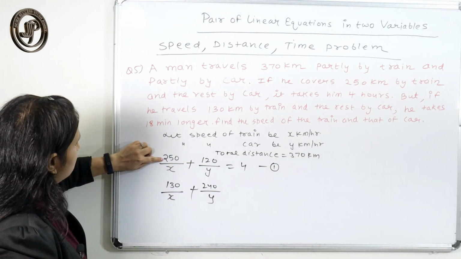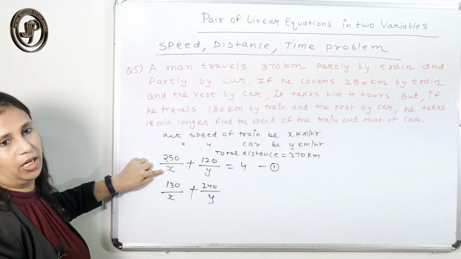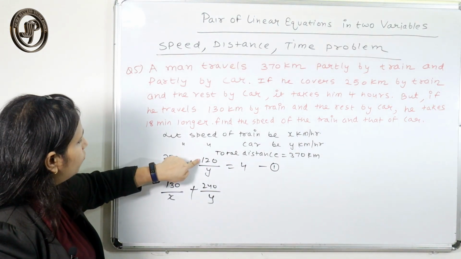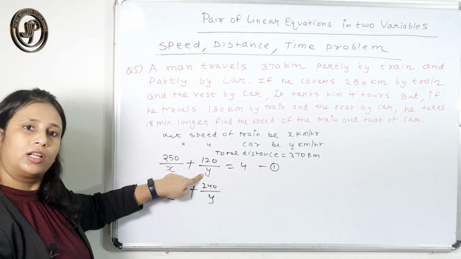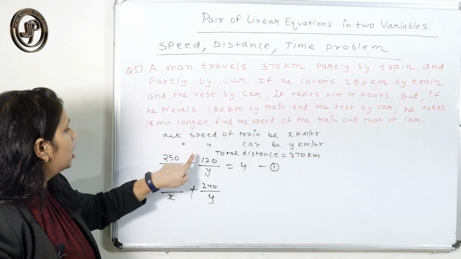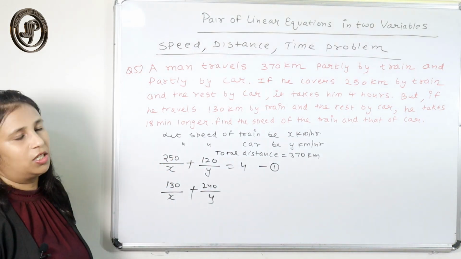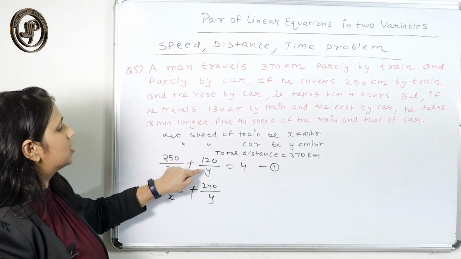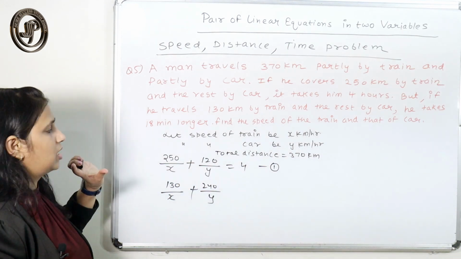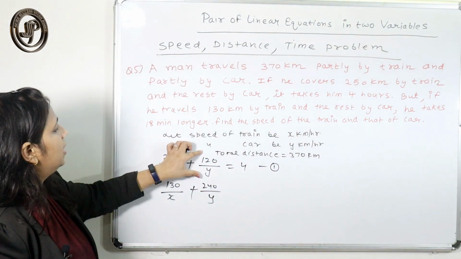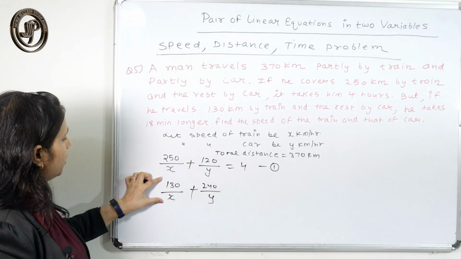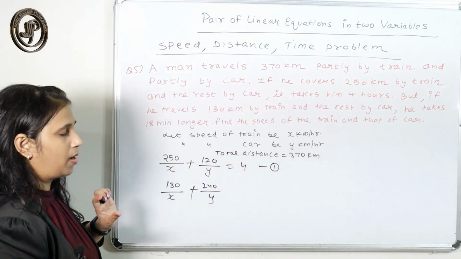So this plus this should be 370. Distance upon speed, that is the time. Time taken by train, then time taken by car.